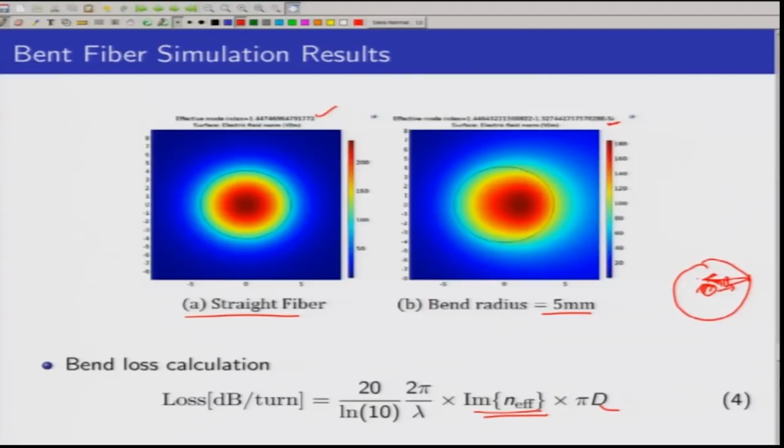So, in order to avoid this circumstance, we add a third layer, which is called a PML layer. What this layer does is, all the radiation that is coming from the core gets absorbed in the PML layer and there is no radiation coming back.